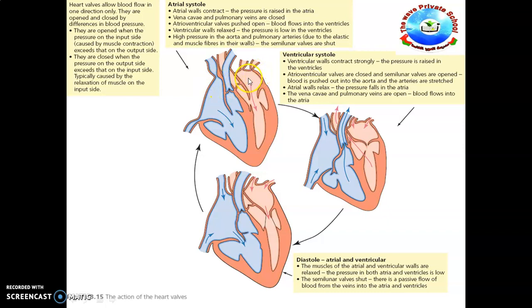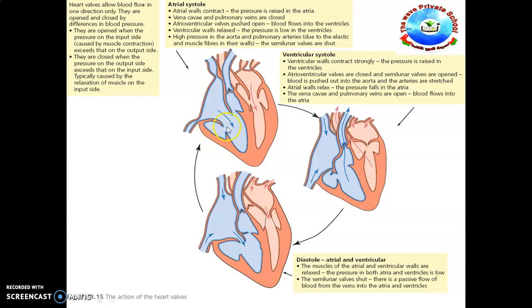When the pressure is raised in both the atria, the vena cava and pulmonary veins are closed. By that, the atrioventricular valves, here you can see the arrow coming into the ventricles, those AV valves are pushed open and the blood flows into the ventricles.